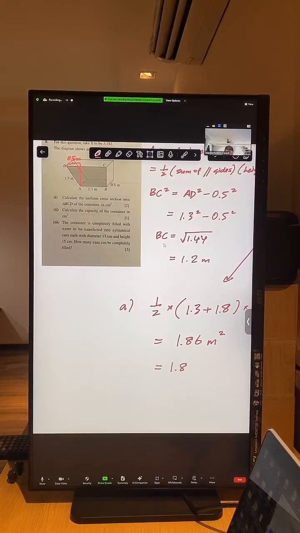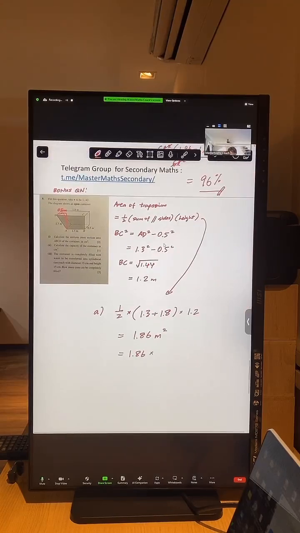So you take 1.86 times... Okay. So very important, you must know that 1 meter is 100 cm. 1 meter square is going to give me 4 zeros, 10,000 cm square. So times 10,000.